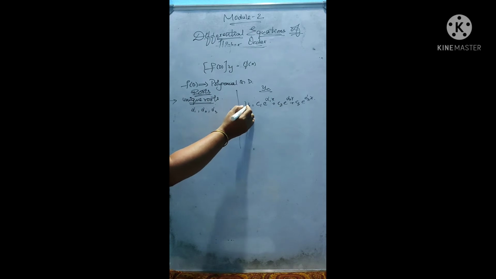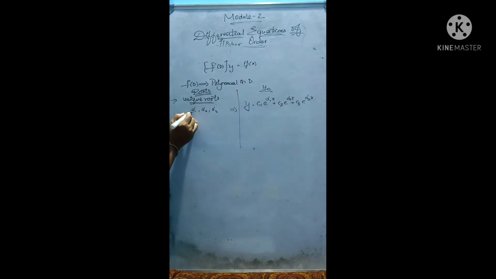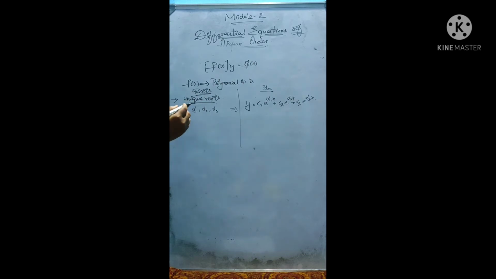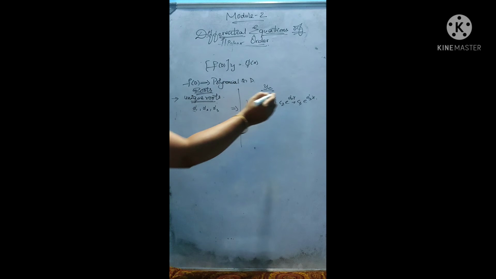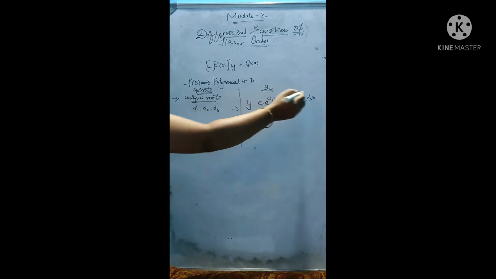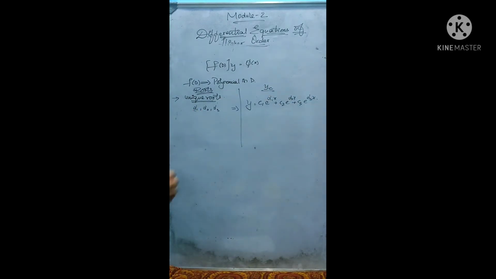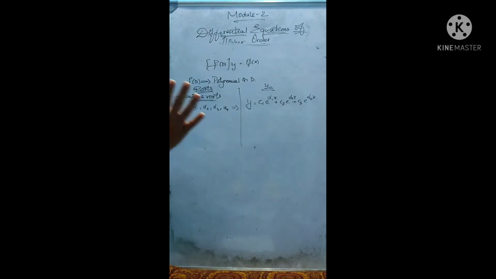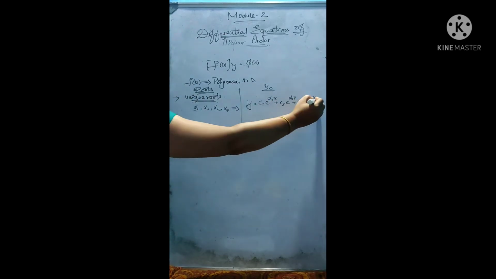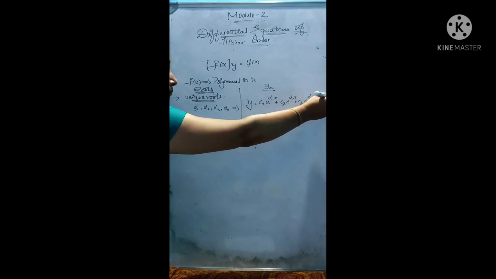Therefore, y = c1 e^(alpha 1 x) + c2 e^(alpha 2 x) + c3 e^(alpha 3 x), where the coefficient of x is the respective root. If there is one more root, alpha 4, as in a biquadratic equation, then we get one more term, c4 e^(alpha 4 x).